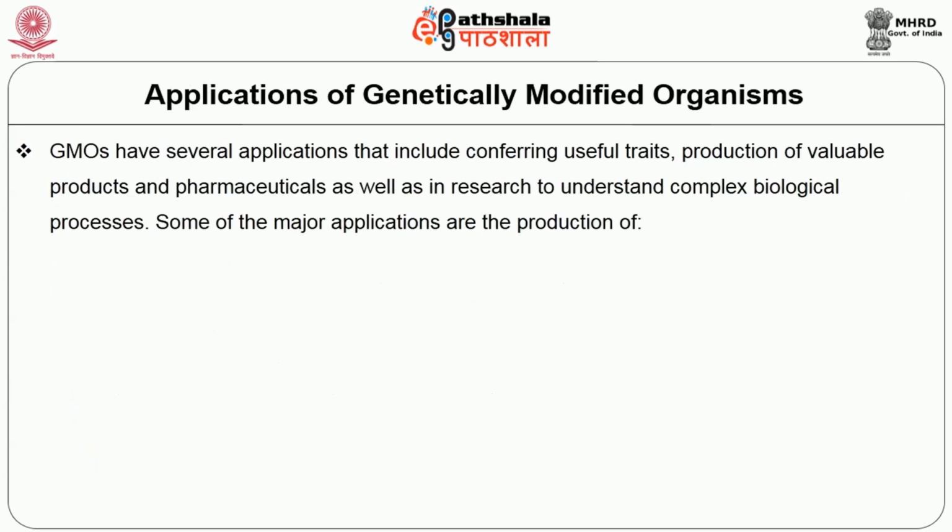Now let us consider the applications of genetically modified organisms. GMOs have several applications that include conferring useful traits, production of valuable products and pharmaceuticals, as well as in research to understand complex biological processes.